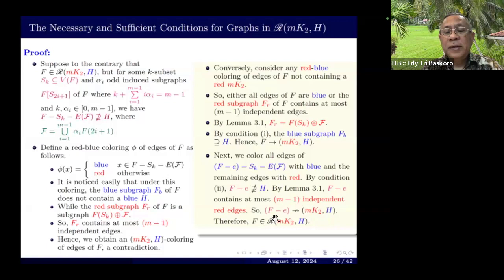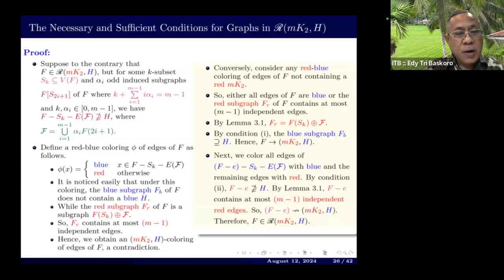Therefore, we have F minus E does not imply MK2, H. Then we conclude that F is a Ramsey minimal graph of MK2, H. So this is the end of the proof.